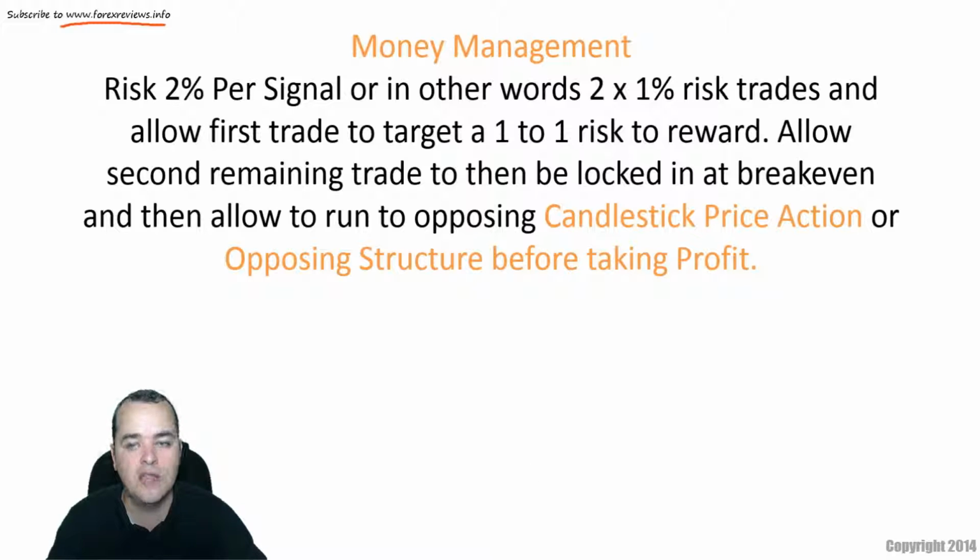And then what we do after that signal is we allow the first trade to target a 1-to-1 risk to reward, such as what we go over in the Engulfing Trader, and then allow the remaining trade to be locked in at break even, and then allow it to run to opposing candlestick price action or to opposing structure before taking profit on the remaining position.